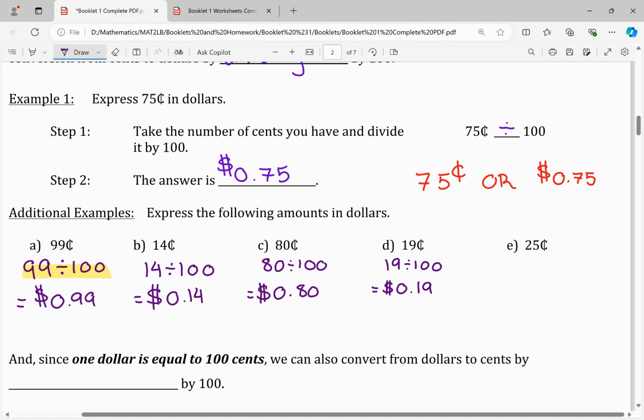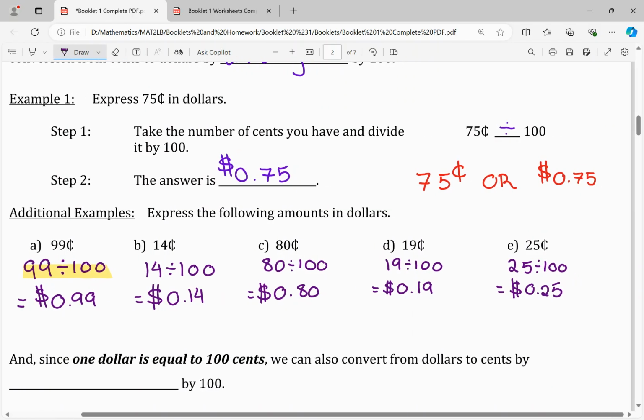And 25 cents in dollar form, divided by 100, and this is going to give me $0.25. So the first half of this lesson, if you're going from cents to dollars, divide by 100.